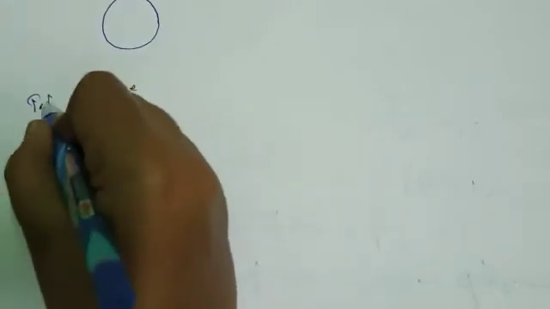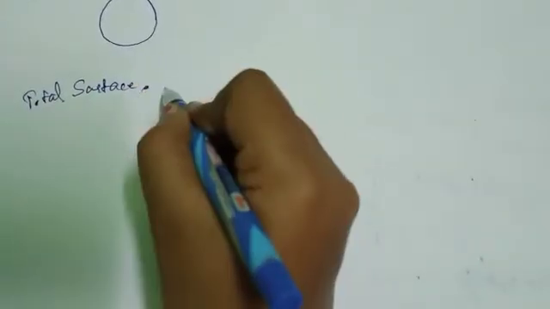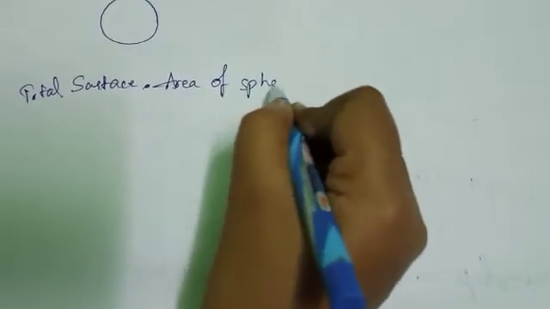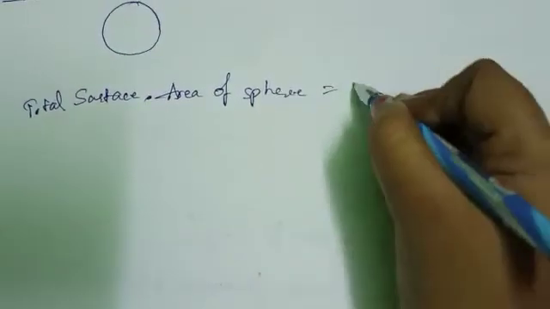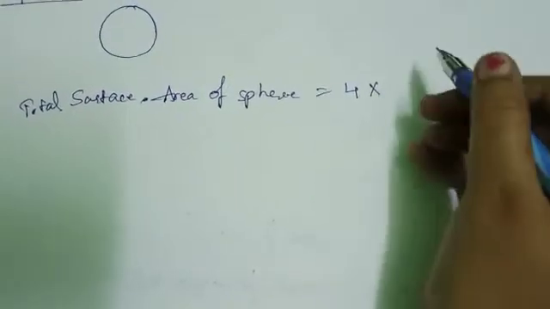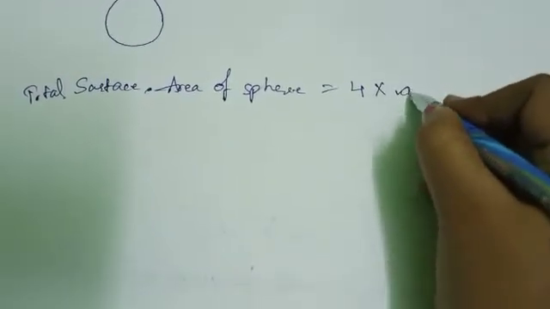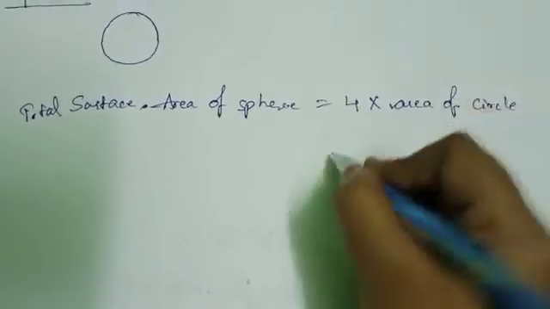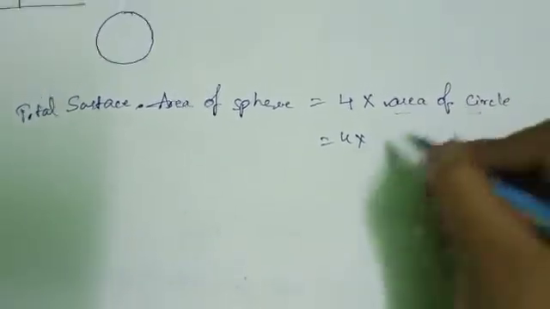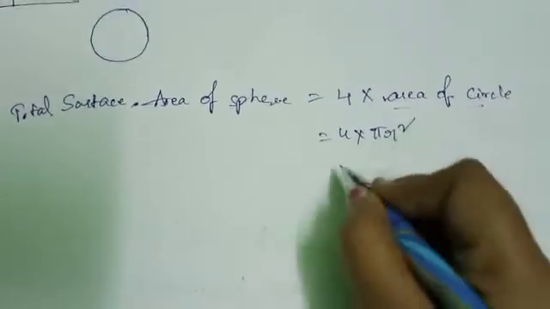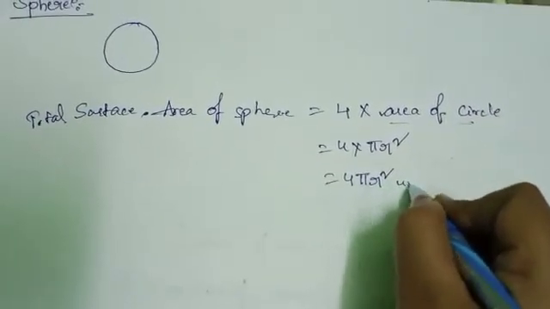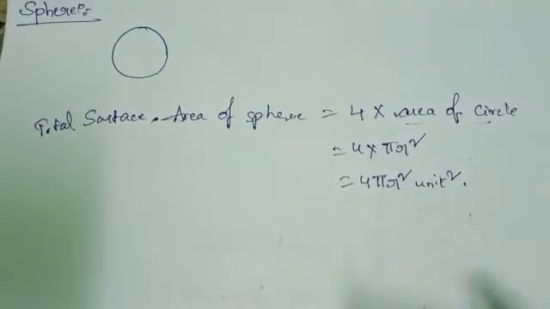Total surface area of sphere equal to 4 times area of circle. 4 into area of the circle, pi r square. Okay, 4 pi r square. Units are unit square. Okay, next one.